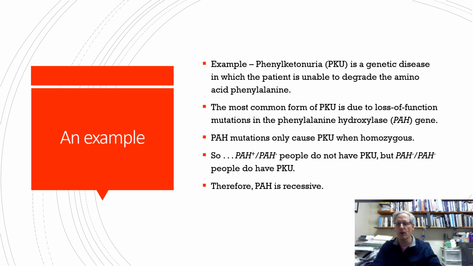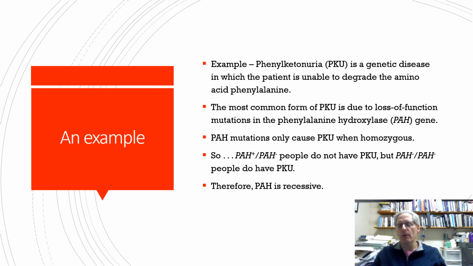So phenylketonuria, for example, is a genetic disease. It's due to loss of function mutations in the phenylalanine hydroxylase gene. Loss of function mutations in the phenylalanine hydroxylase gene, when homozygous, prevent people from properly disposing of phenylalanine.